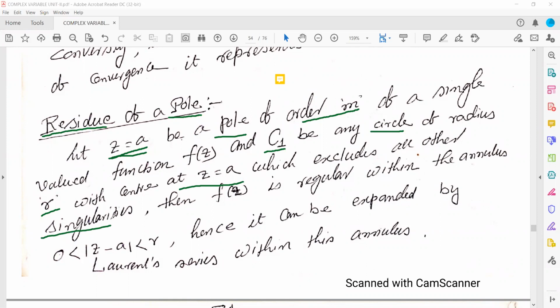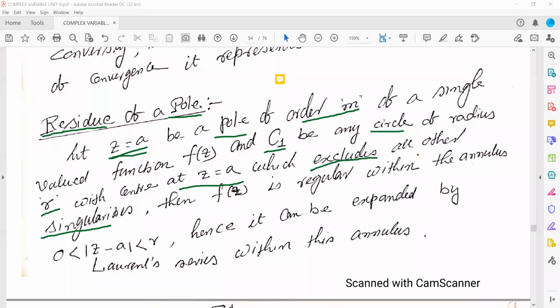Because z is equal to a is a singularity point, and I am taking it as the center of a circle with radius R. Then within that circle, there will be no other singularity other than z is equal to a. So that's why it says which excludes all other singularities.